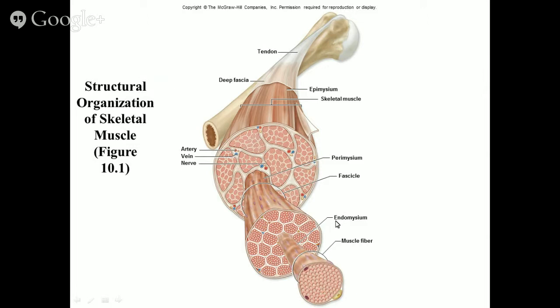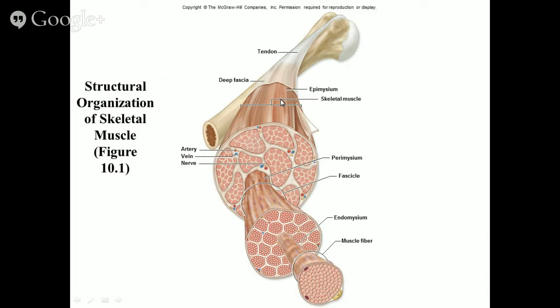Endo means inner. So this is the wrapping that wraps around the inner ropes. Peri means around. So we've got this wrapping that wraps around the bundle. And then epi means above. So we have the most above or most superficial layer wrapped around the entire thing.